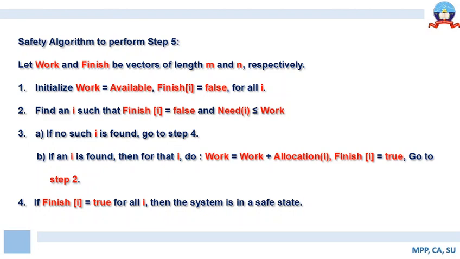But if an i is found, if a process is found where finish of i is equal to false and need of i is less than or equal to work, then what we need to do? We need to allocate work to the process. We need to allocate whatever is available to the process. The process will complete its execution.